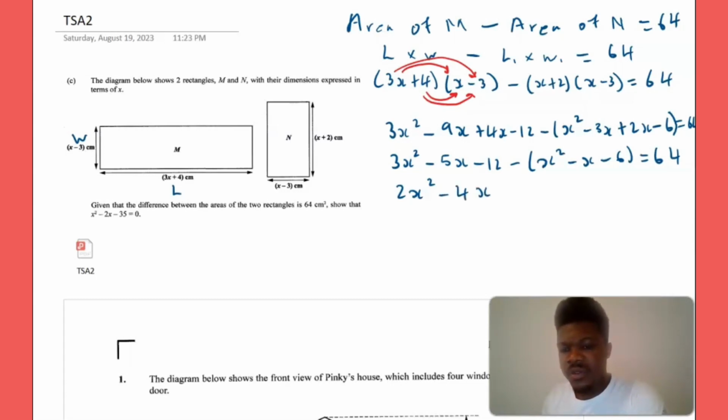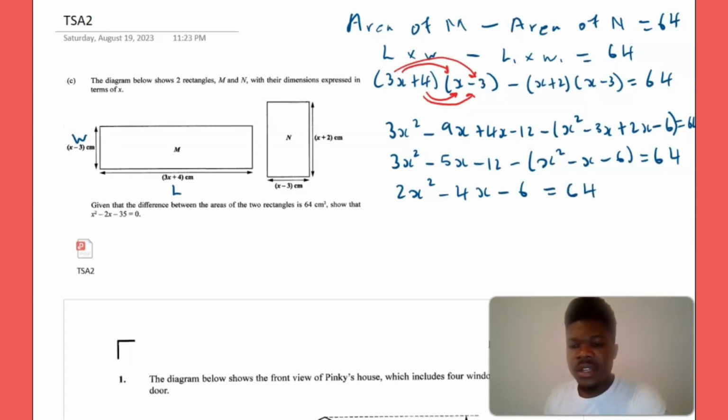Then we have the minus 12 here and a minus 6 in the bracket. Again, the minus outside the bracket is going to turn it into a positive. Minus 6 is positive 6. So it's going to be minus 12 plus 6, which is minus 6, is equal to 64.